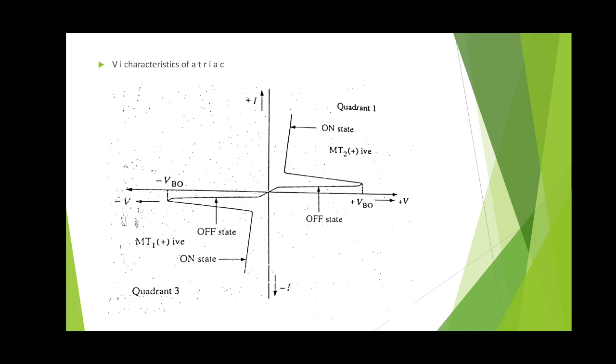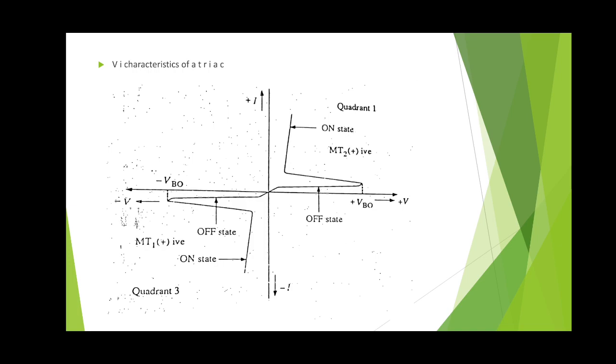So the first quadrant characteristics is just like the SCR, but the third quadrant characteristics of the TRIAC is identical to the first quadrant, except that as the polarities of the main terminals change, the direction of the current also changes.